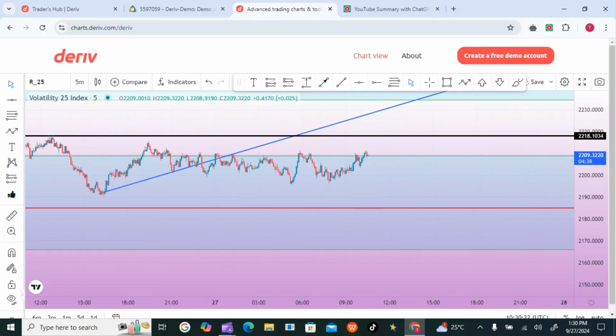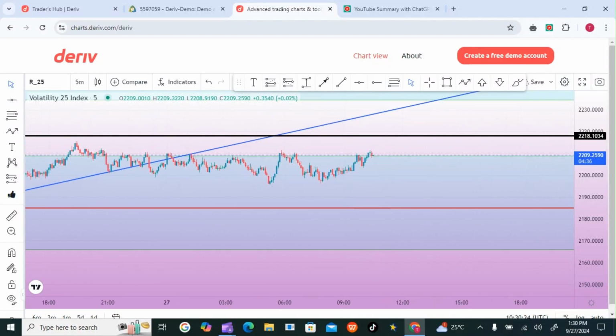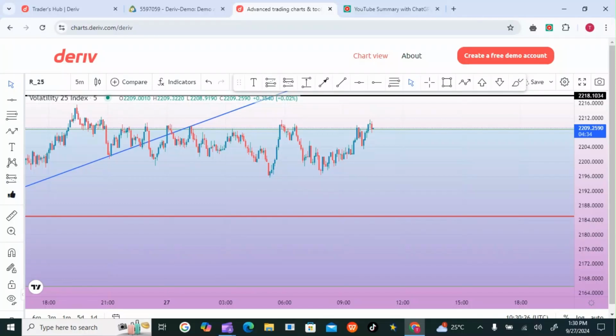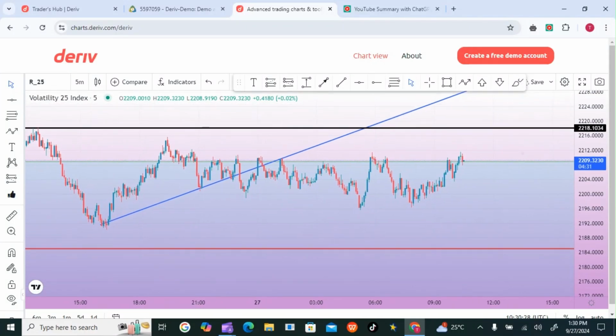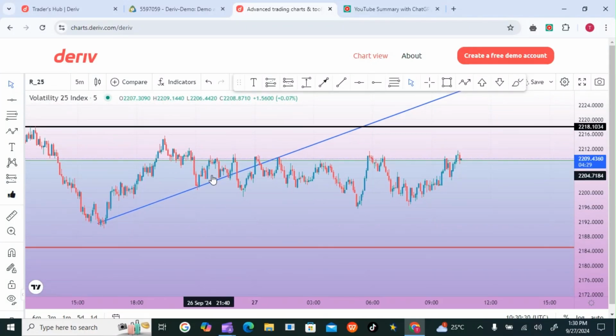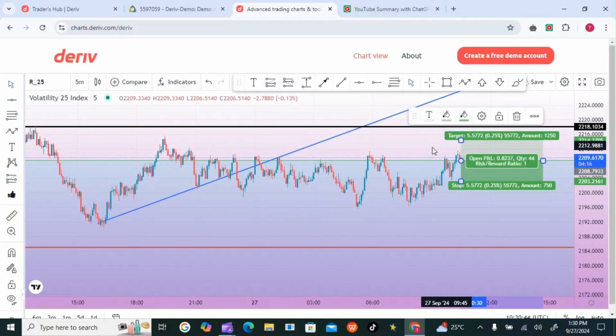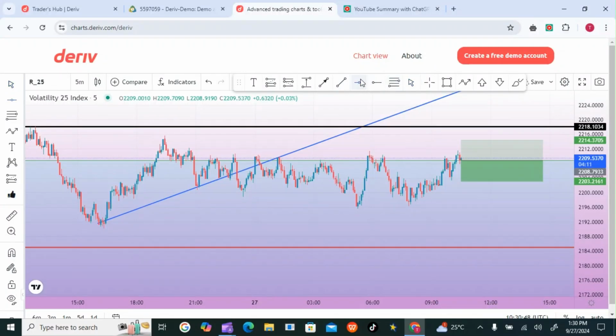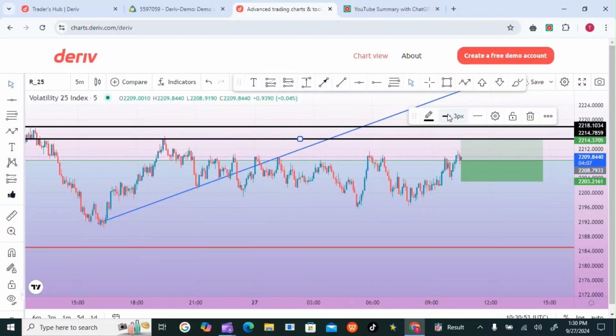For the 5 minutes, we can see we have been on the demand zone, and then I guess we should just take a long position from here. What is our aim? To reach the first previous high, which for scalpers is our first target.